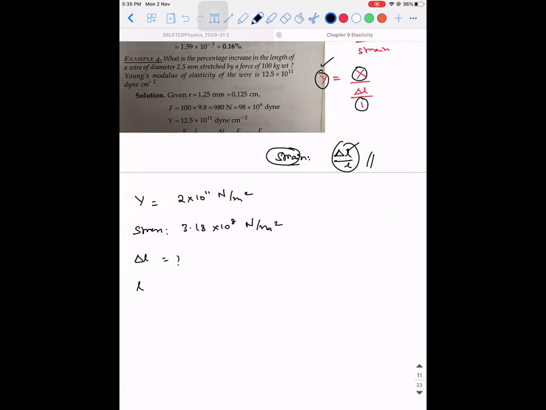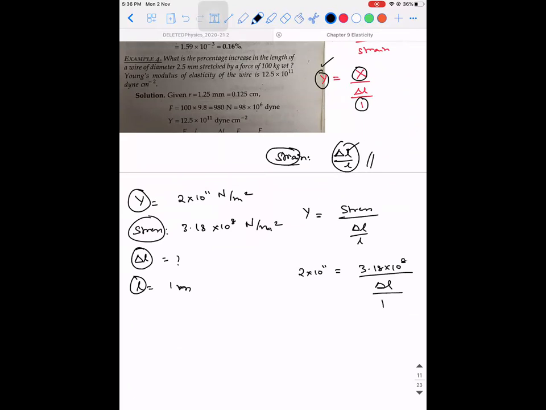Delta L is what? L is equal to 1 meter. So Y, stress, delta L and L, what is the formula? Y is equal to stress divided by delta L divided by L. So you know Y, that is 2 into 10 power 11. Stress is 3.18 into 10 power 8. Delta L is what you need to find. Length is 1 meter.